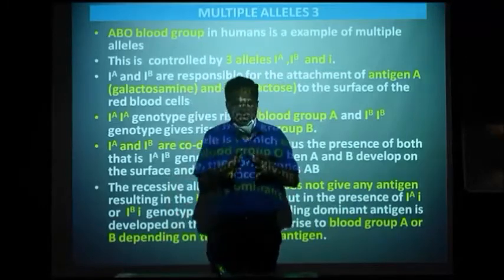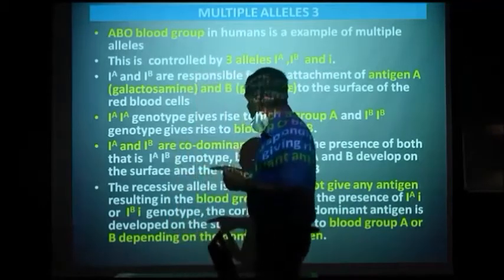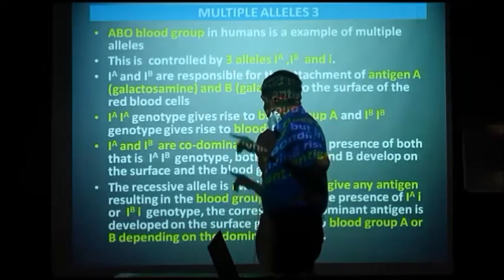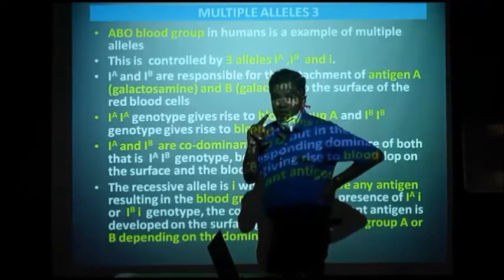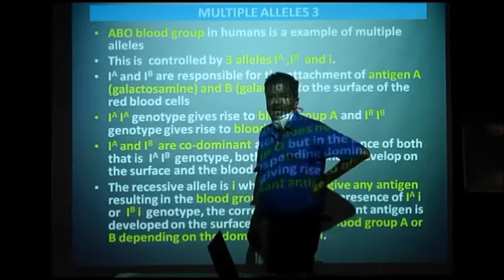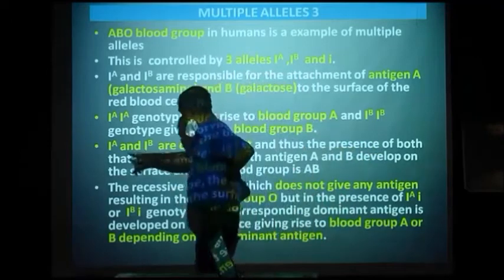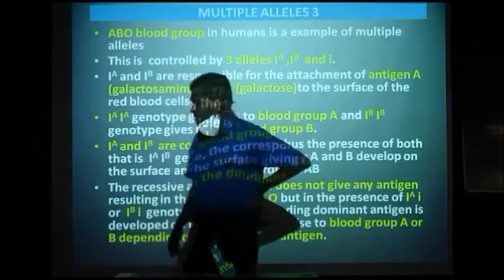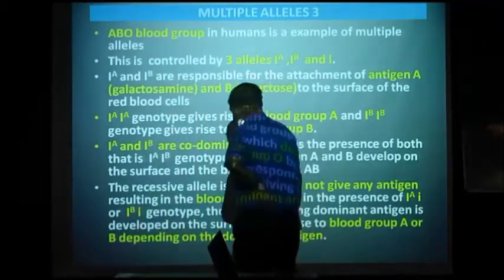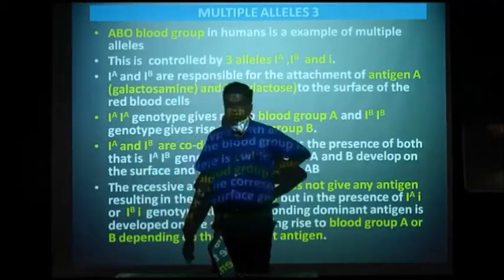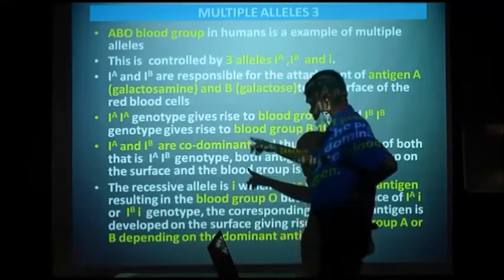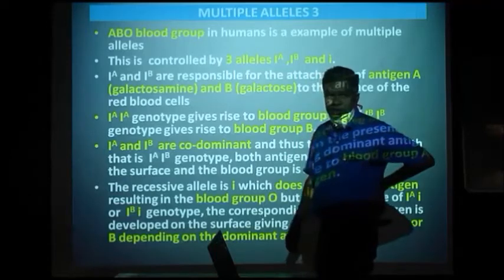When a genotype has capital IA, then we have blood group A, and if we have the genotype IA IB, then the expression is AB blood group.